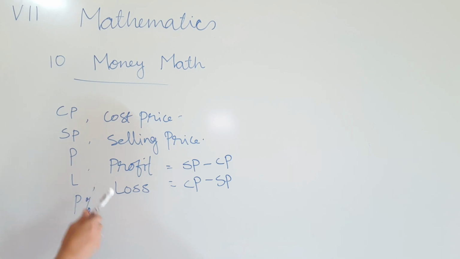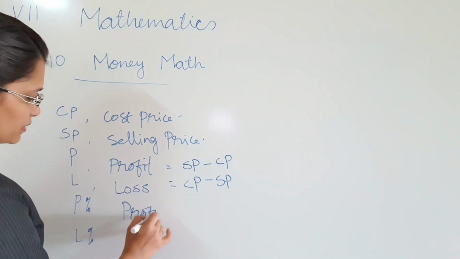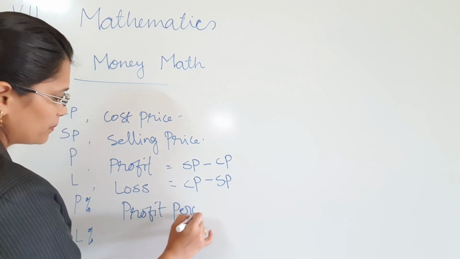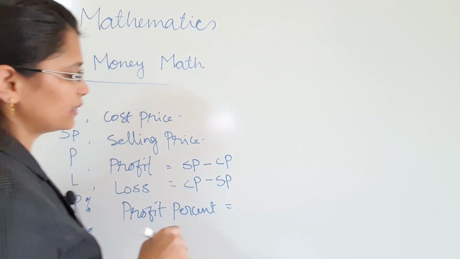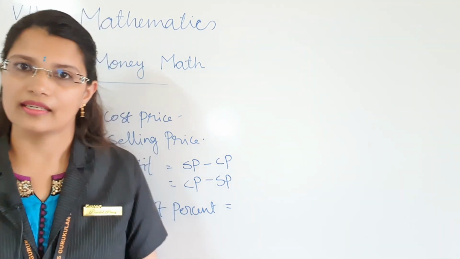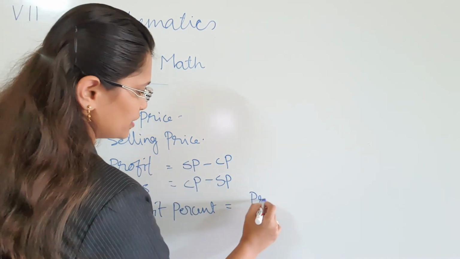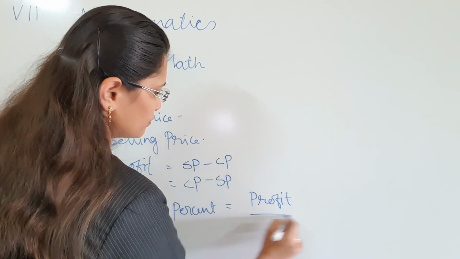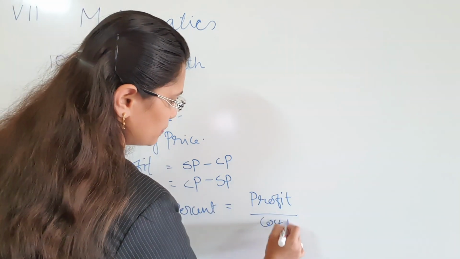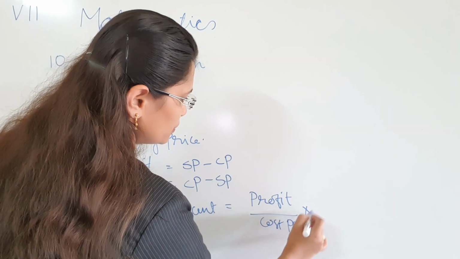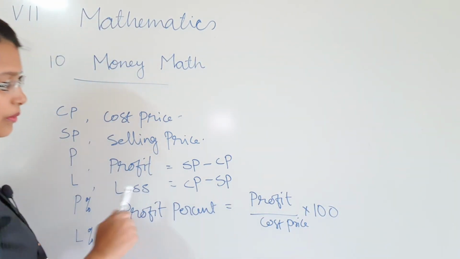Then what is this percent? This is profit percent. How to find out the profit percent? Profit percent is equal to profit divided by cost price into 100. Okay, this is the formula for profit percent.